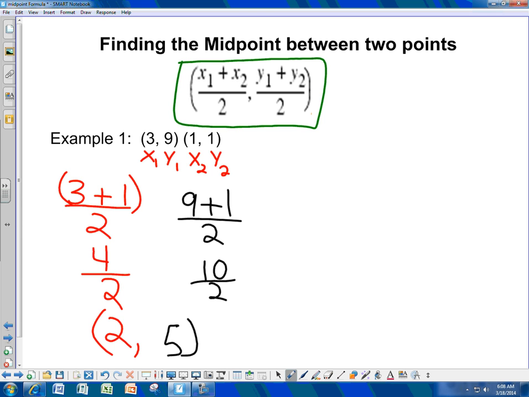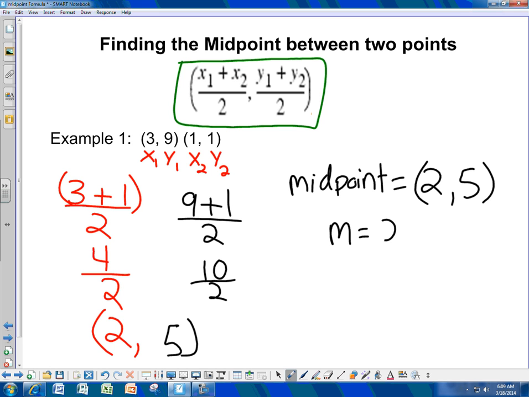Okay, so our midpoint, and quite often we'll just use m as our midpoint, equals 2, 5. That's the middle of those 2 points. All right, so that's our final answer, m equals 2 comma 5.